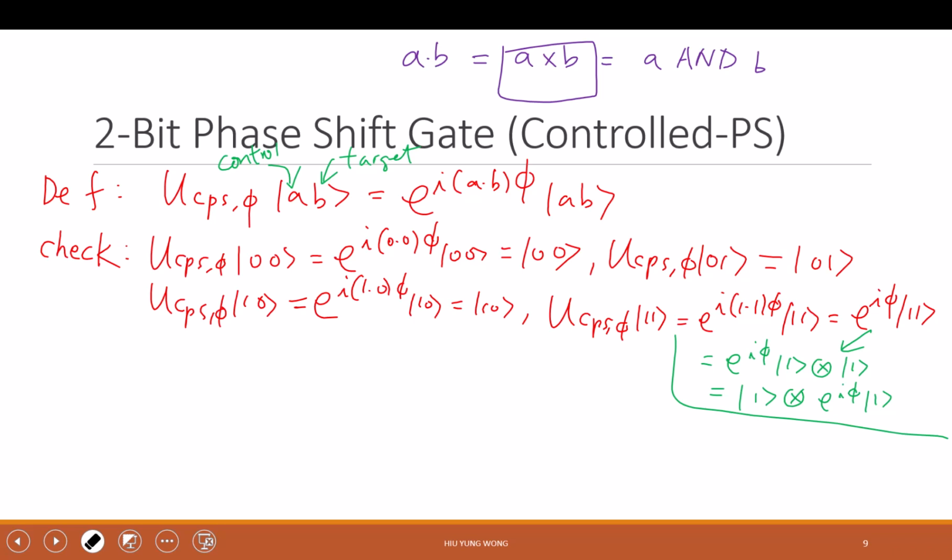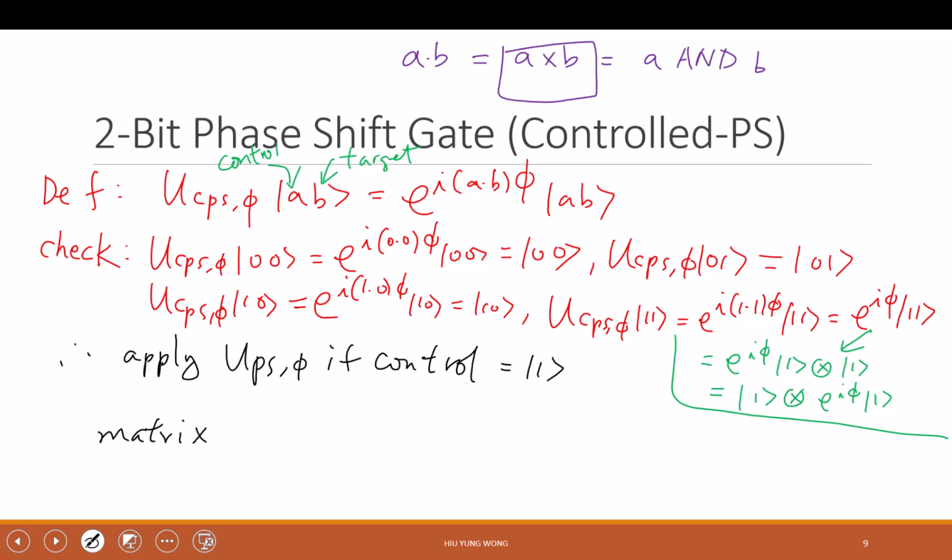Okay, so that is the control phase shift gate. In summary, this control phase shift gate applies the phase shift gate if the control is 1. That is the summary of what we have done so far. Then what is the matrix form? The matrix form is also easy.